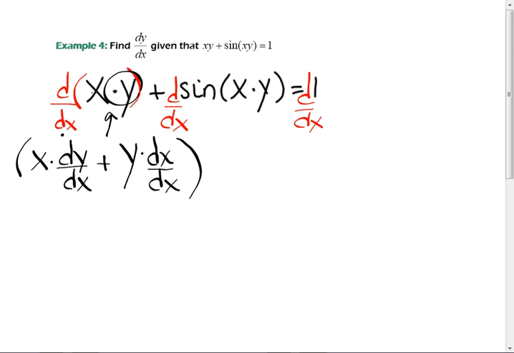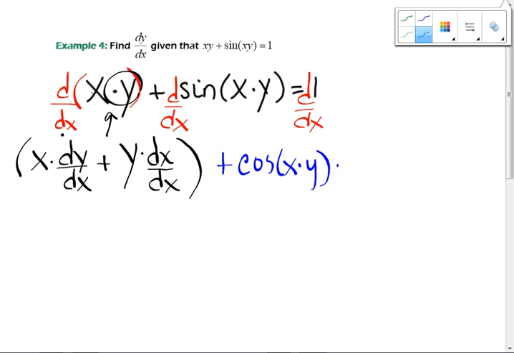Maybe Jack has an idea here. Plus, now we have a whole bunch of stuff going on. First, you have to do the sine. What's the derivative of the sine? Cosine of whatever's in there, times the derivative of x times y. We just did that, didn't we? Well, we're going to do it again, because the more you hear it, the better it is.